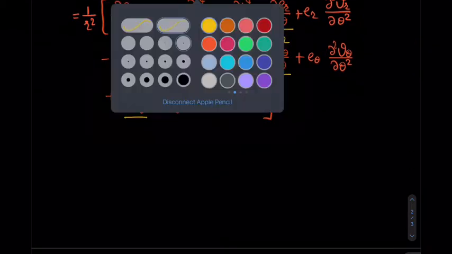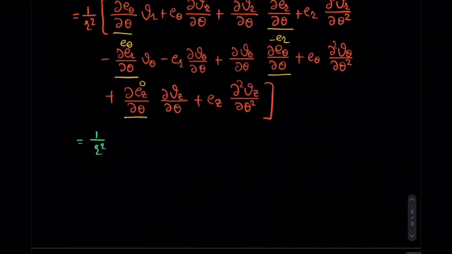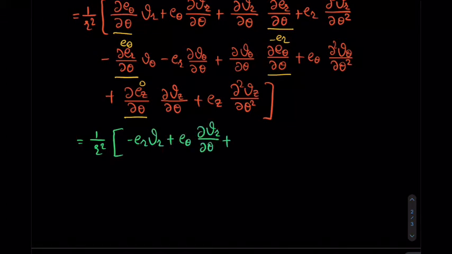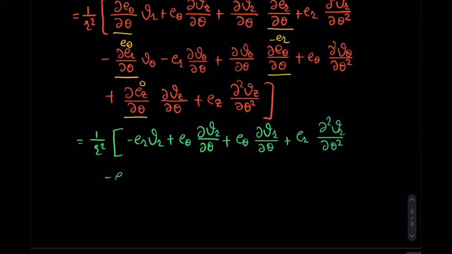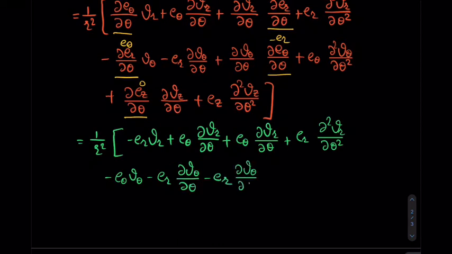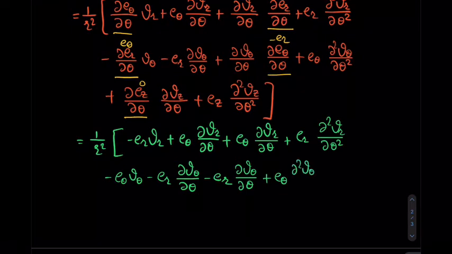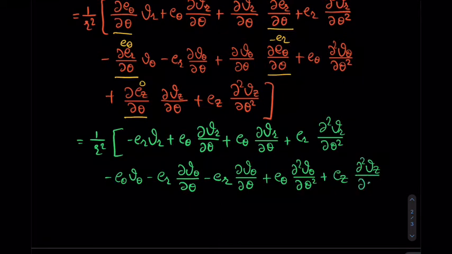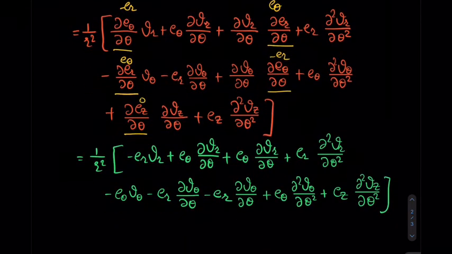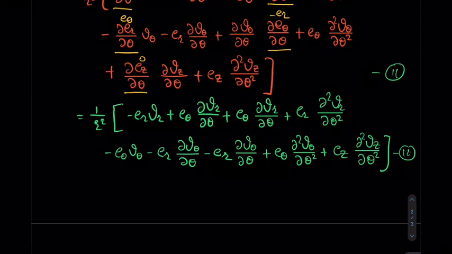Okay, so let us rewrite all the terms which are left. 1 over r squared, then negative er vr plus e theta dvr d theta, e theta d theta of vr plus er into second derivative of vr with respect to theta, minus e theta v theta, minus er dv theta d theta, minus er dv theta d theta again, plus e theta into second derivative of v theta with respect to theta, plus ez into second derivative of vz with respect to theta. So that completes all the terms. So let it be equations 11 and 12.